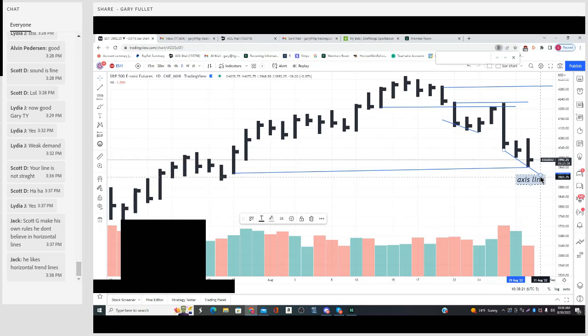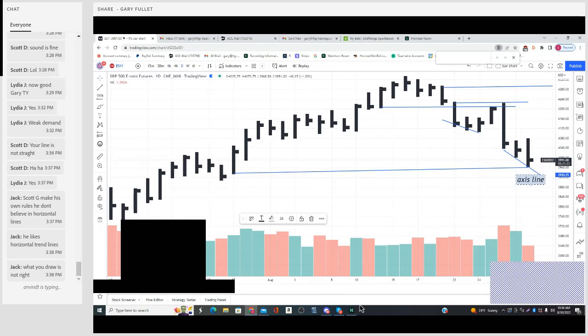What's a horizontal trend line? I don't know that. Anyway, what's wrong with it? What's wrong with what I drew?